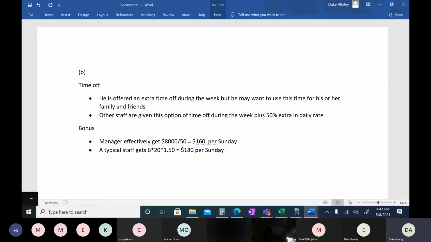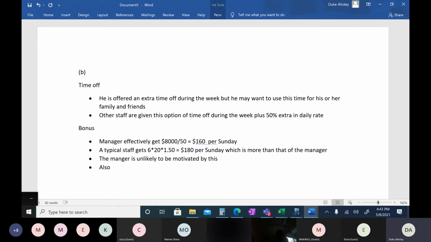Which is more than that of the manager. So the manager is unlikely to be motivated by this.